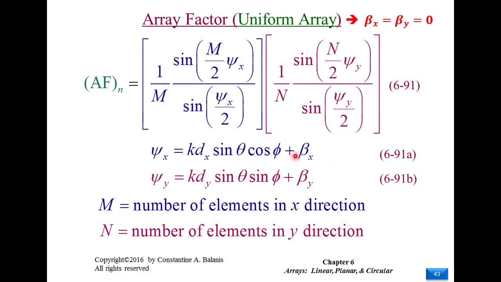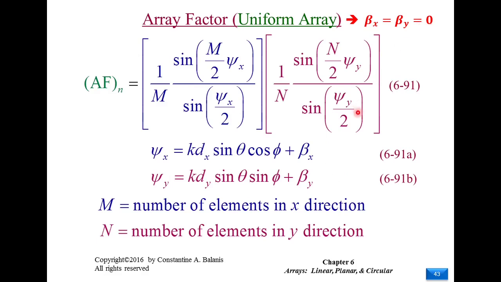Again, this is general. Beta x and beta y can be 0 in this case, as the title is suggesting, but if beta x and beta y are non-zero, the expression will still be valid. But if we want a uniform array, beta x and beta y will equal 0.